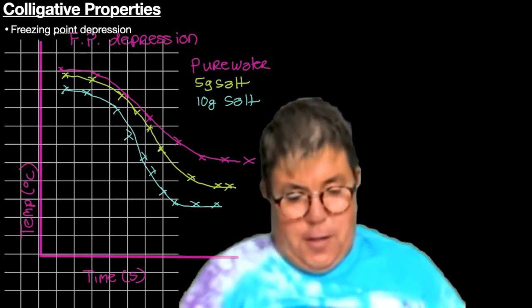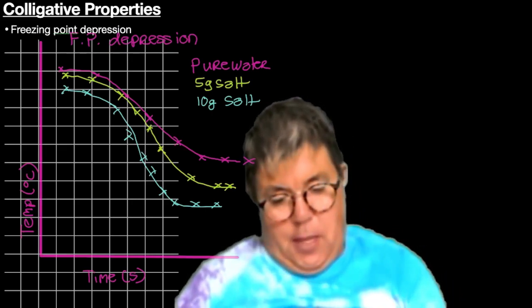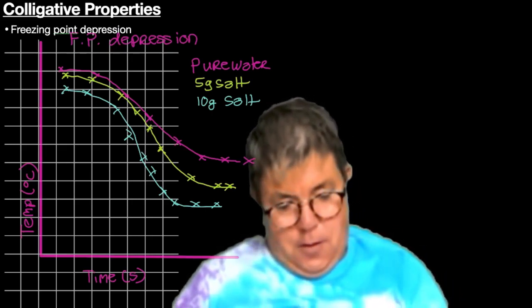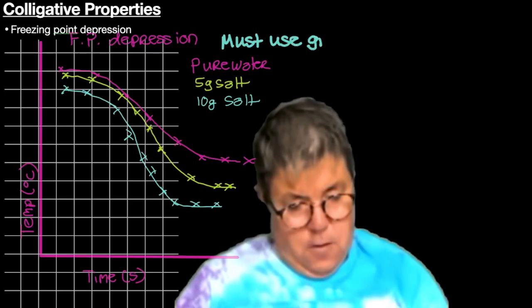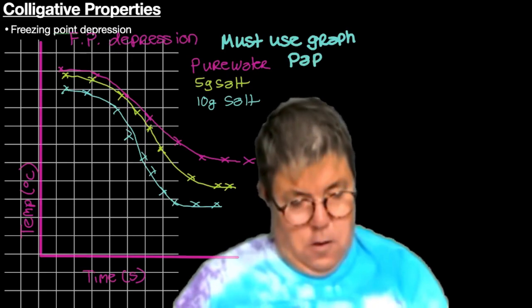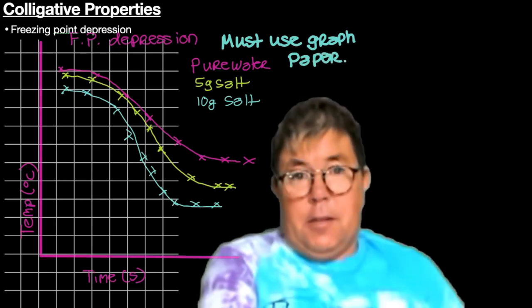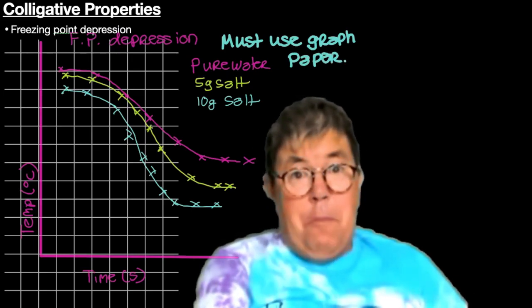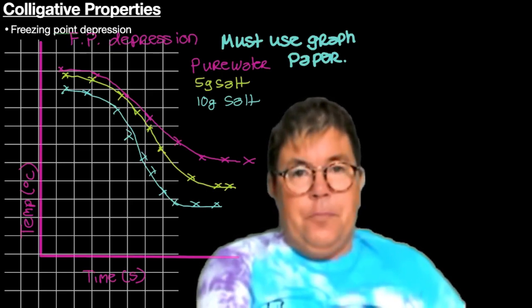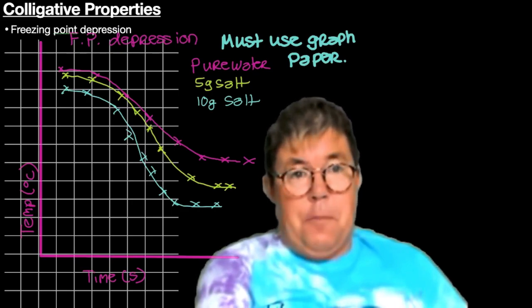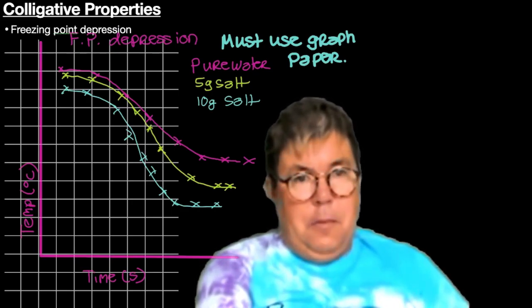Do not forget that when making a plot, we must use graph paper. You are going to be asked information about the data that you plotted. Therefore, graph paper is very important.